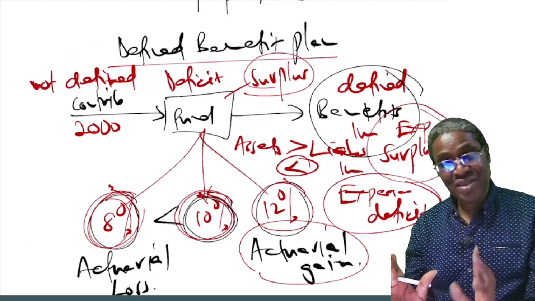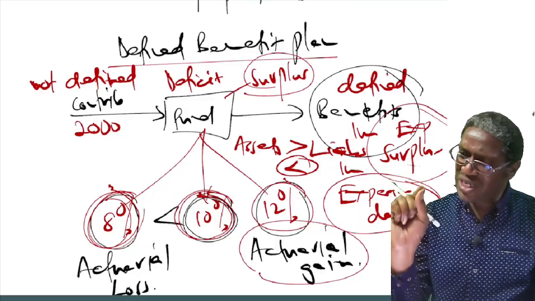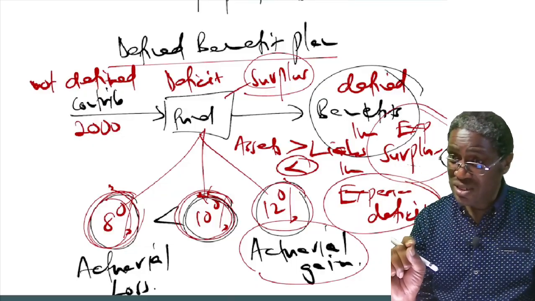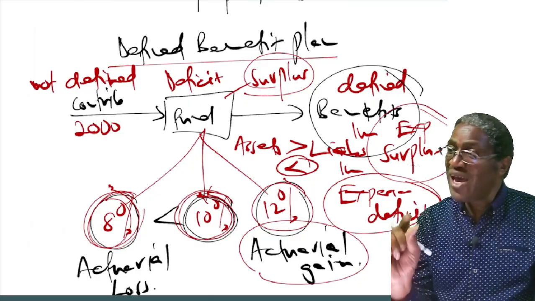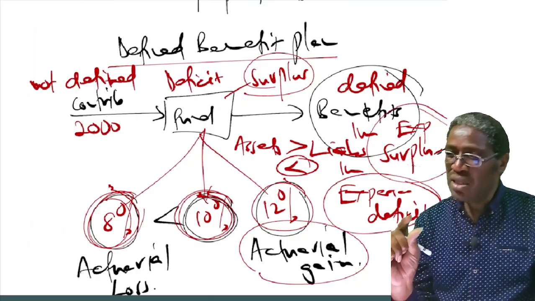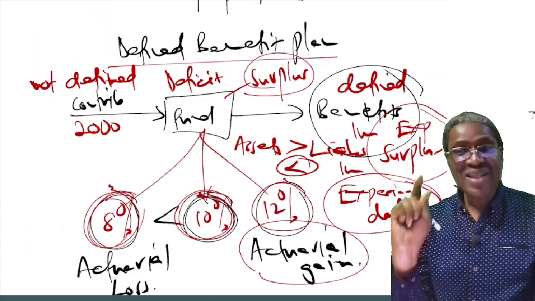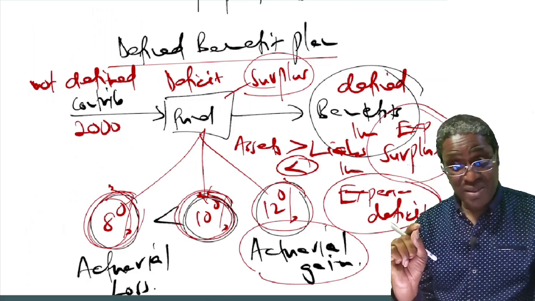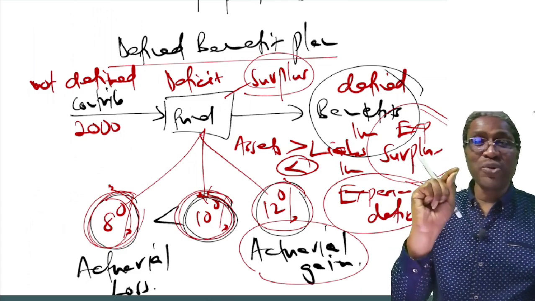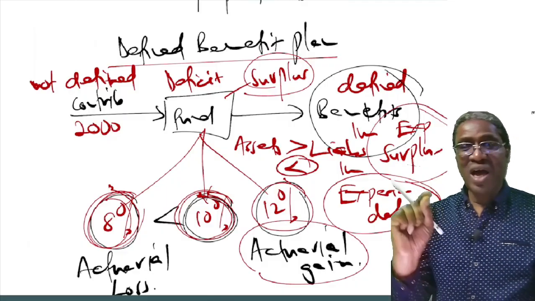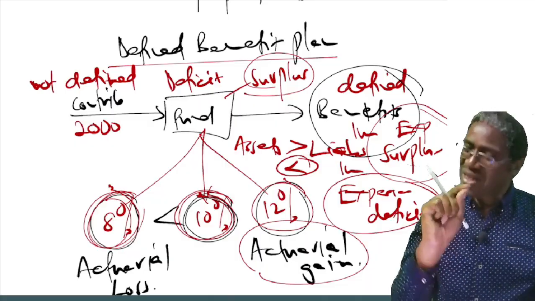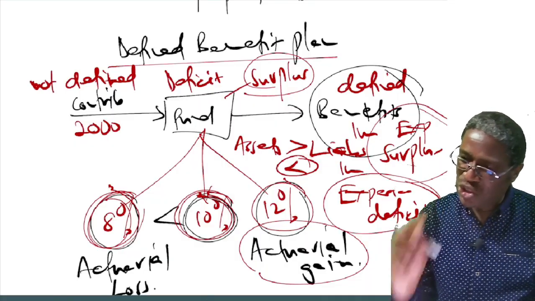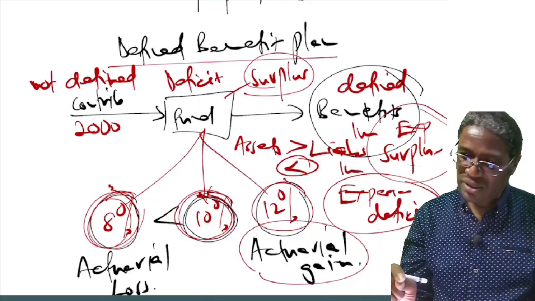Listen, when you are told to explain what's an actual gain, I said you compare the earnings in the fund, not assets, the earnings in the fund with the projected earnings. Actual earnings being more than the projected earnings, that gives rise to an actual gain.